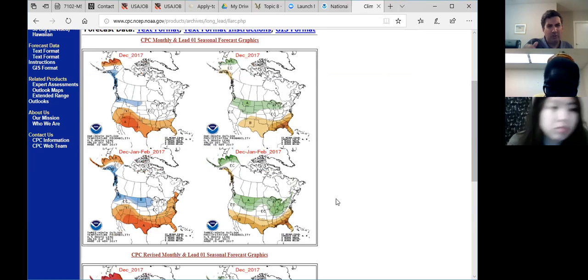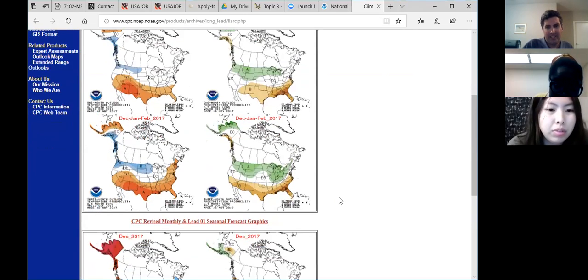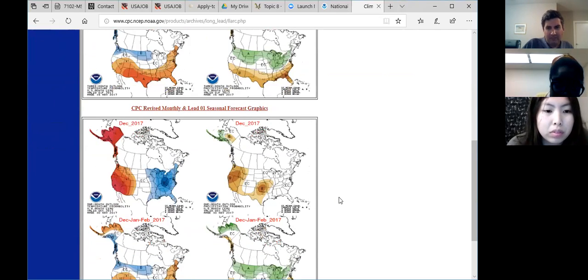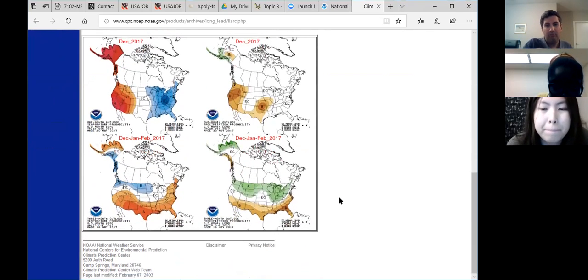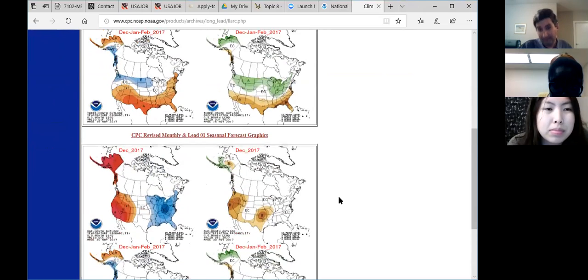And I think if you scroll down, you can get other lead times, or has some seasonal ones. Yeah, so there you've got, in addition to the 1 month in advance, you've also got 3 months, your seasonal forecast. So basically it just lets you pull up those old forecasts.